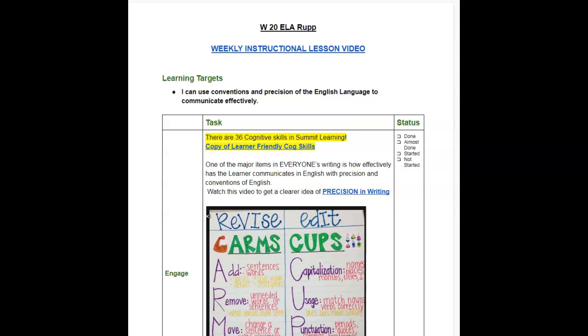This week's learning target for week 20 is, I can use conventions and precision of the English language to communicate effectively. Okay, so you know I always have these cog skills on the top of my lessons so that you can review them and know that yes, this is one of the cog skills, or it's actually several of them rolled up into one, conventions and precision.